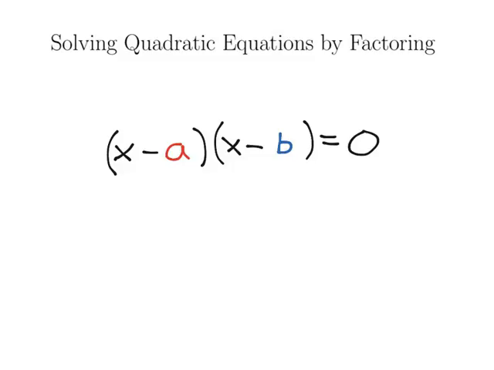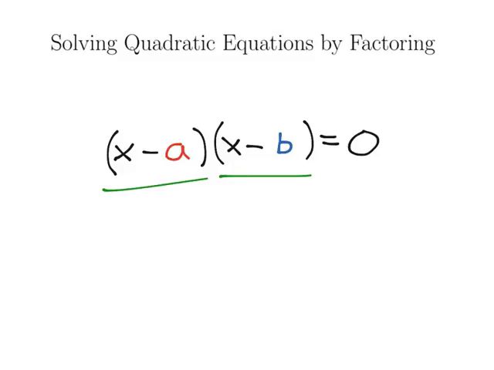But the importance of having this is that it's the idea of what two numbers multiply to give you 0. The only way any two numbers can multiply to get you 0, like this number and this number, is if at least one of them is 0 themselves.